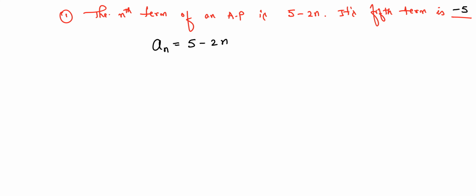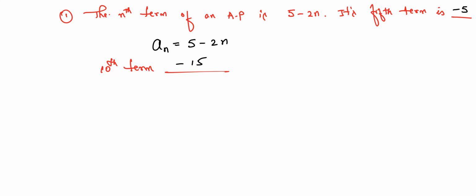Understood? Same question. If they ask you the 10th term, what is the answer? Quick. 5 minus 2 into 10. 2 into 10, 20. 5 minus 20, minus 15. Is it difficult?